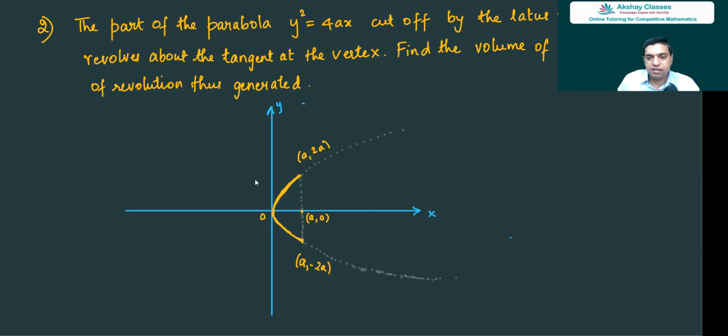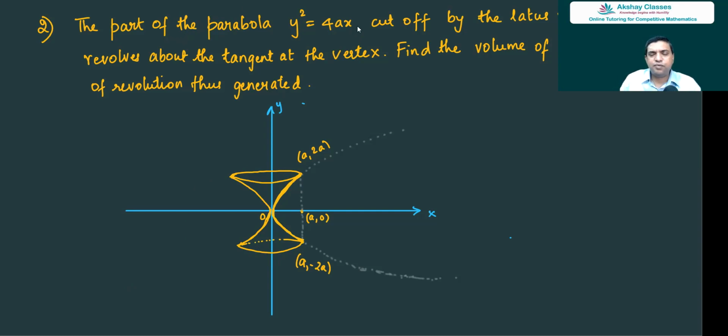So when we do that, we'll get a curve like this. Now we want to find the volume thus generated.